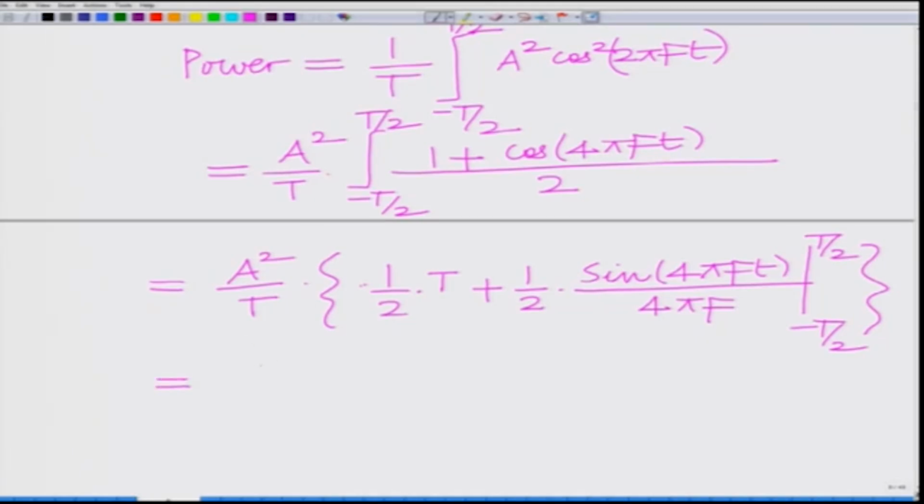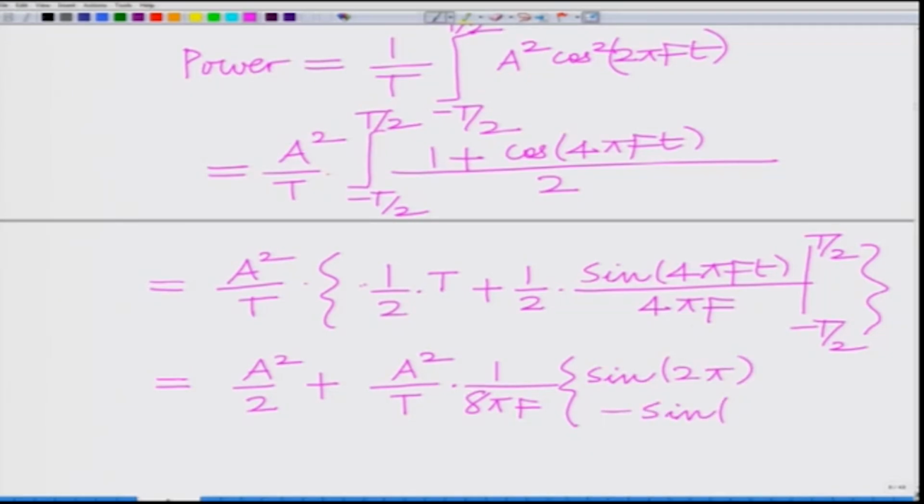So, this is A squared by T into half T, that is A squared by 2, plus A squared by T times 1 by 8 pi f times sin 4 pi f t at capital T by 2, where f times T is 1, so this is sin 2 pi, minus sin 4 pi f t at t equal to minus capital T divided by 2, which equals sin minus 2 pi.